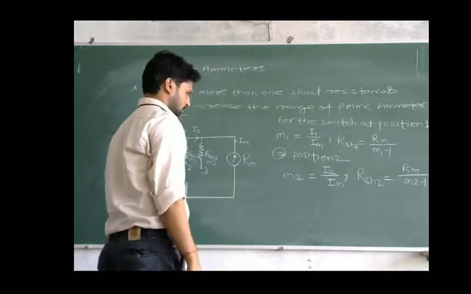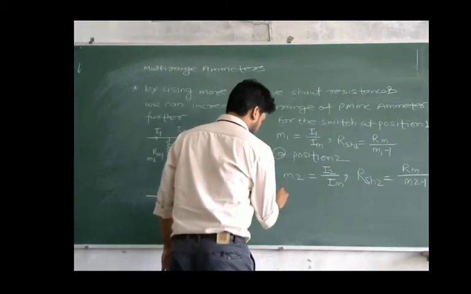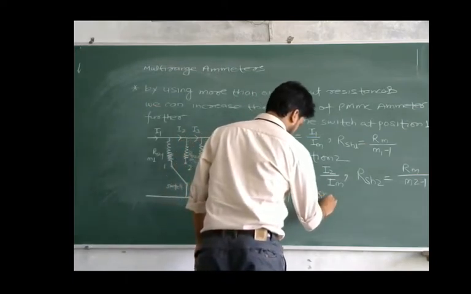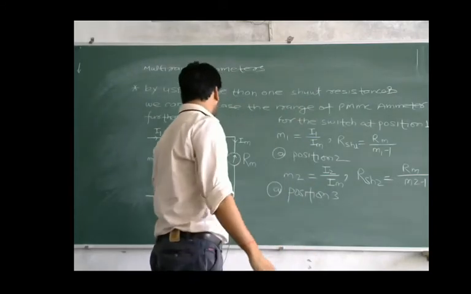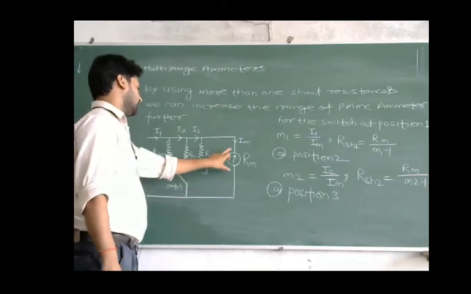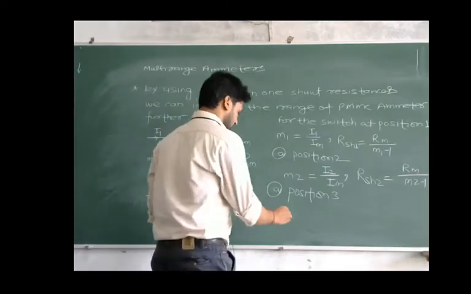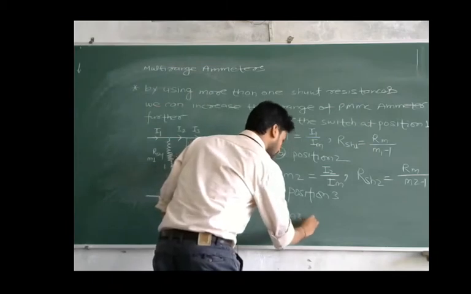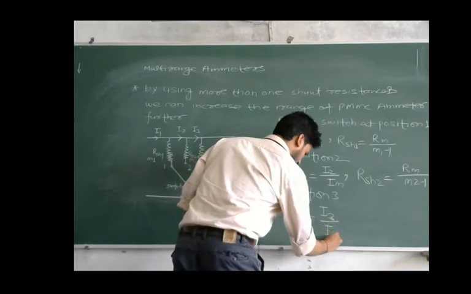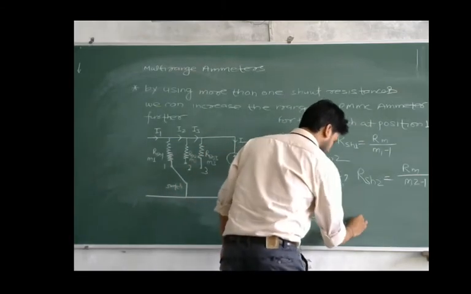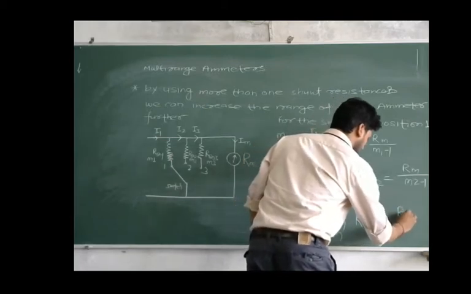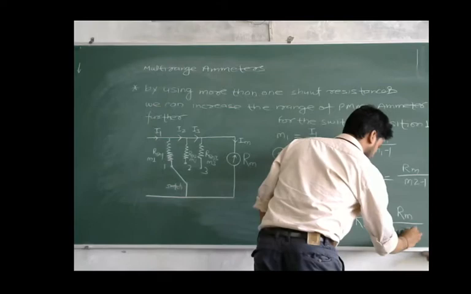And at position 3, when the switch is at position 3, resistance RSH3 comes in shunt with the meter, so we can write that M3 is equal to I3 by Im, and this shunt resistance RSH3 can be written as Rm upon M3 minus 1.